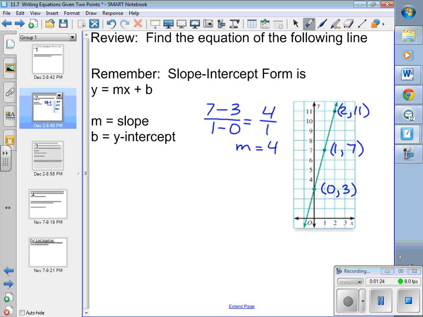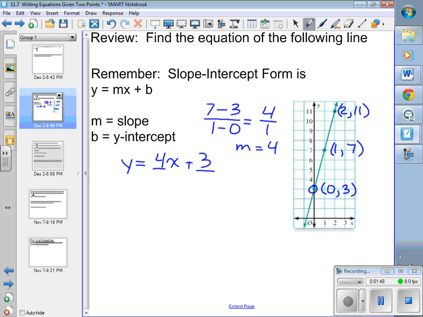Okay, so if we use that knowledge of y equals mx plus b, we have a y-intercept of 3. So we plug into our formula 4x plus 3, where 4 is our slope and 3 is our y-intercept.